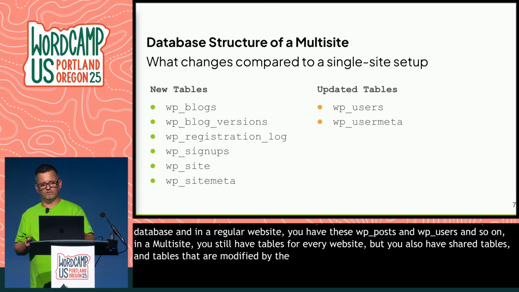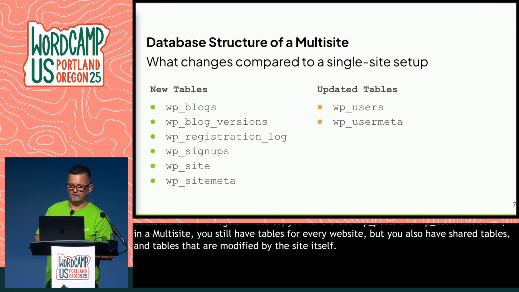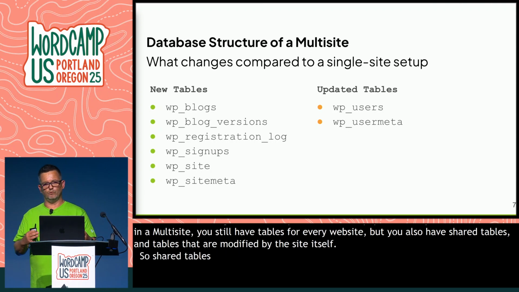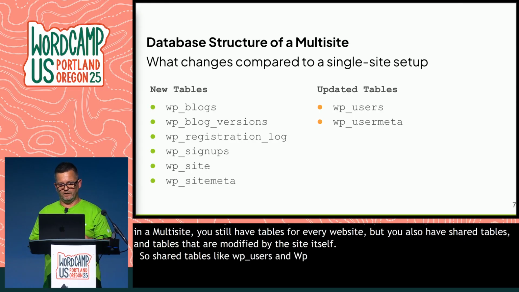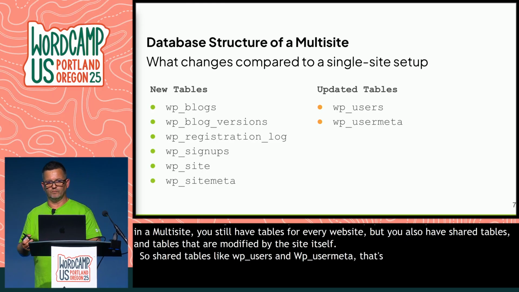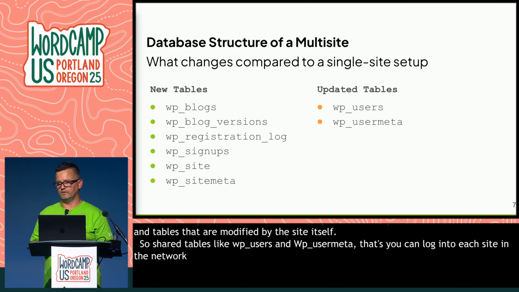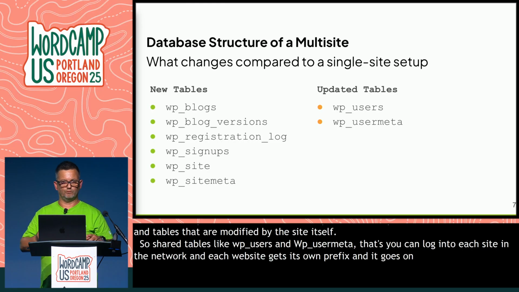So shared tables like WP users and WP user meta, they hold information across the whole network, and that's why you can log into every site in the network. And each website gets its own prefix, and then they go on with these tables, like WP2 posts and WP3 posts and stuff like that.